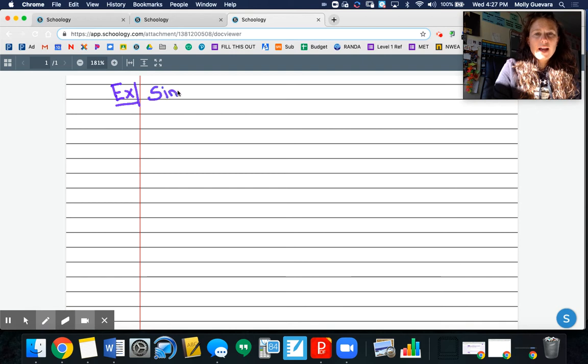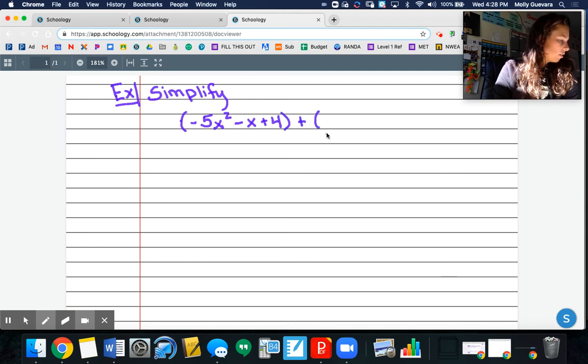And we're going to look at how do we simplify. My problem is, parenthesis, negative 5x squared minus x plus 4. And I'm adding this to negative 3x squared minus 5x plus 2.